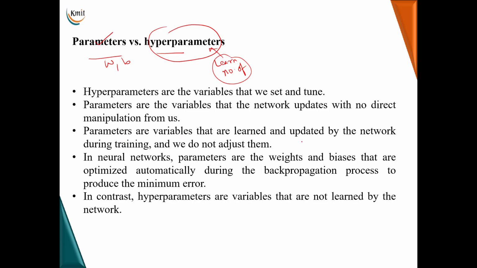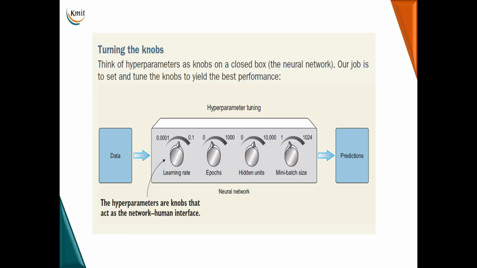Parameters are variables that are learned and updated by the network during training, and we do not adjust them. Examples are weights and biases. In neural networks, parameters are the weights and biases that are optimized automatically during the backpropagation process to produce the minimum error. In contrast, hyperparameters are variables that are not learned by the network.